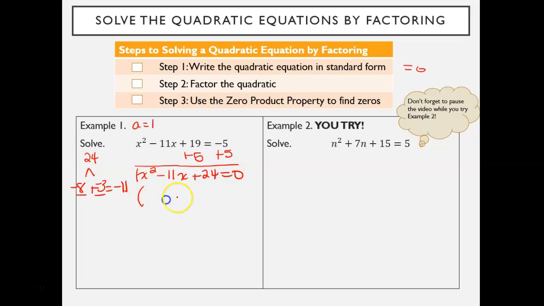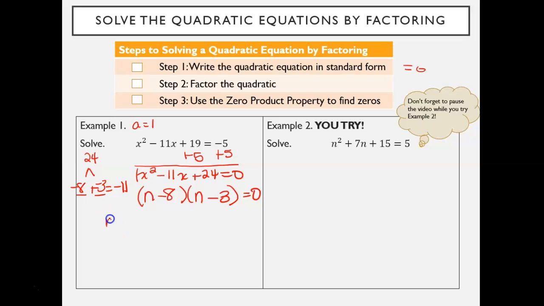I know that if a is 1, and my magic numbers are negative 8 and negative 3, the format's going to be the same every time. One of these is going to be n minus 8, one of these is going to be n minus 3. Remember, that only works if a is 1. If a is anything else, you have to go through and do the whole process, which is why we don't teach it that way from the beginning.